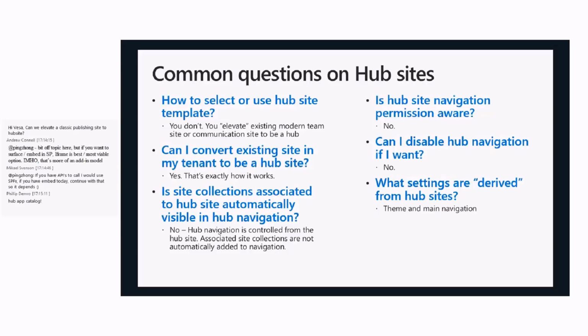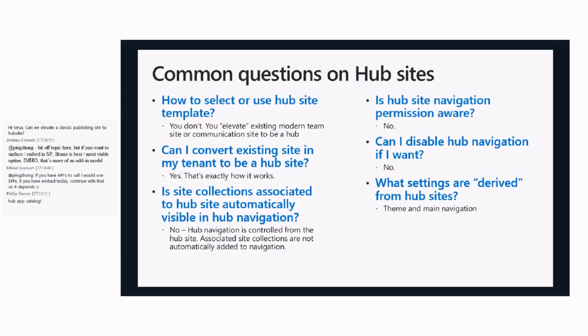Now, Philip actually has, and I noticed that right away. So Hub App Catalog would actually be a great idea. So that's one good enhancement idea for the future related to hub sites, because no doubt it would be nice to be able to target a customization based on the hub, because the idea of the hub is kind of like organizational division.